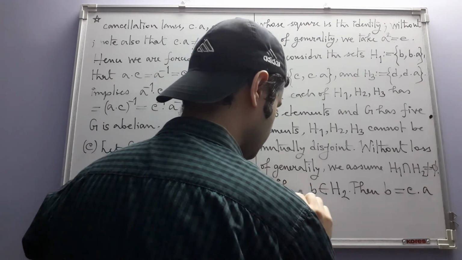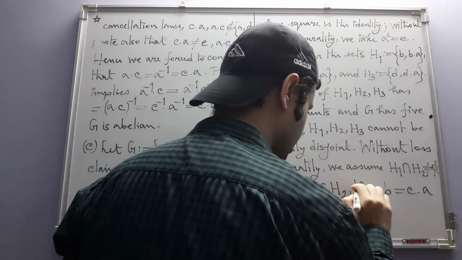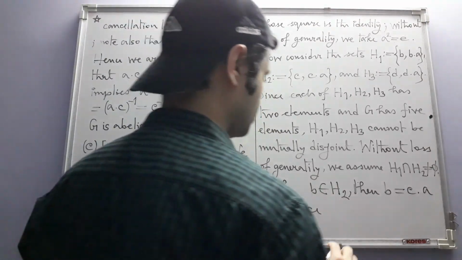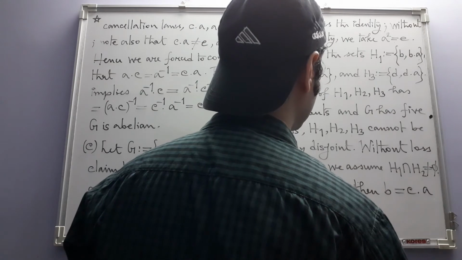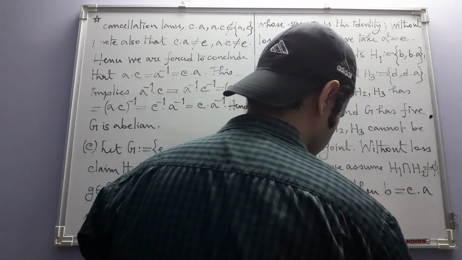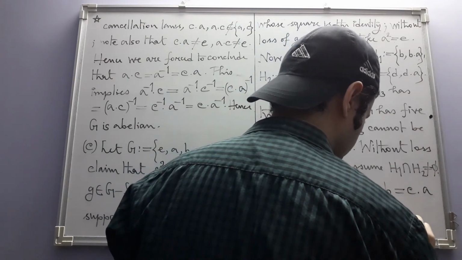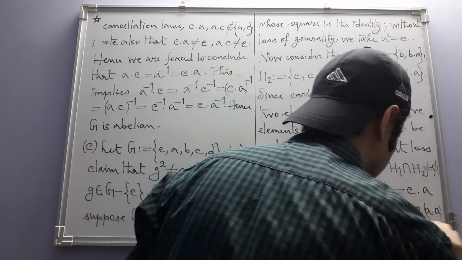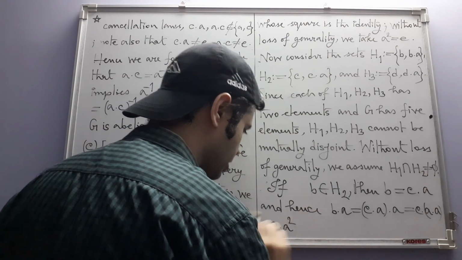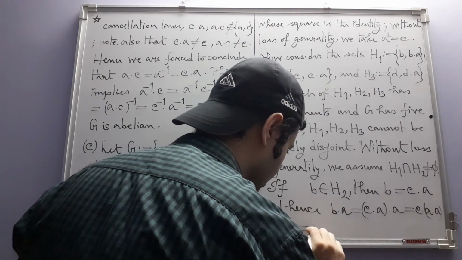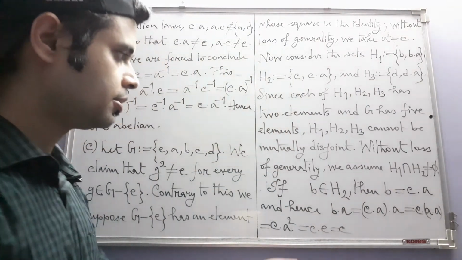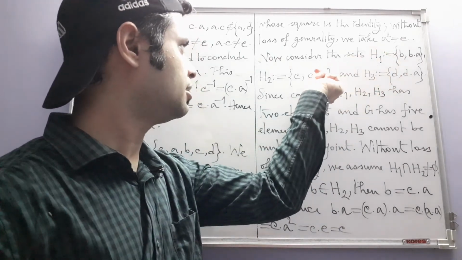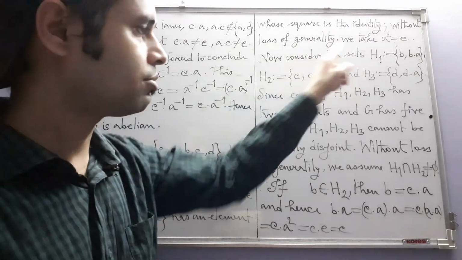If B belongs to H2, then B is equal to C dot A, and hence B dot A is equal to C dot A dot A, and by using associative law we get C dot A square, but A square is identity, so we have C dot identity is equal to C. So you see that if B is equal to C dot A, then C is equal to B dot A. That means H1 and H2 are equal.